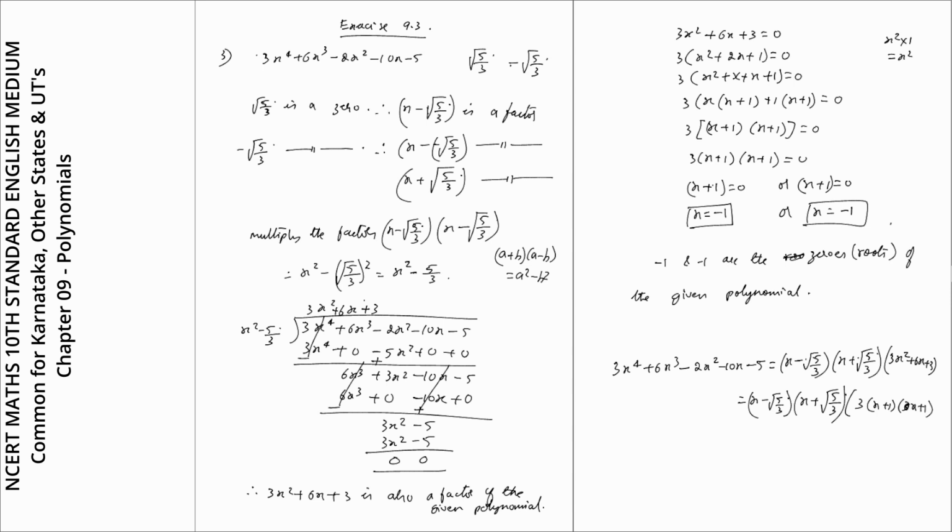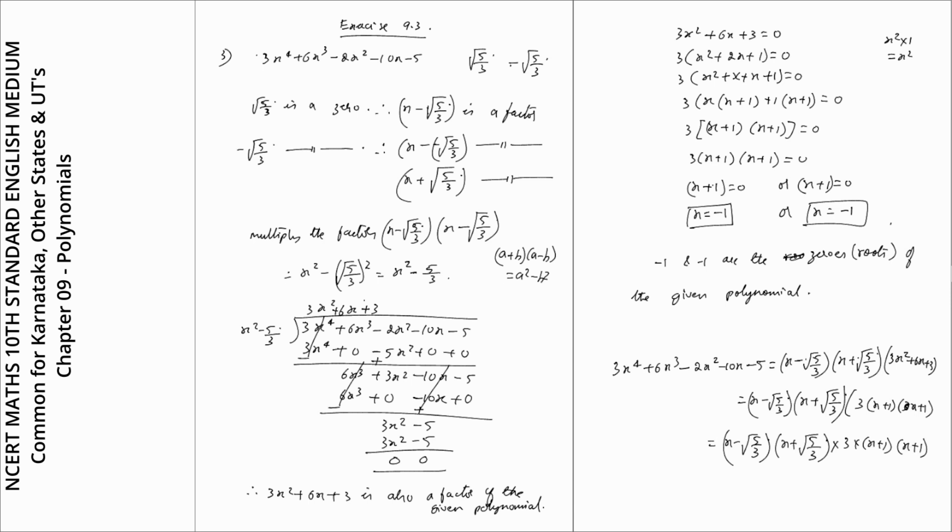So the given polynomial can be expressed as the product of factors: x minus square root of 5 by 3 into x plus square root of 5 by 3 into 3 into x plus 1 into x plus 1.